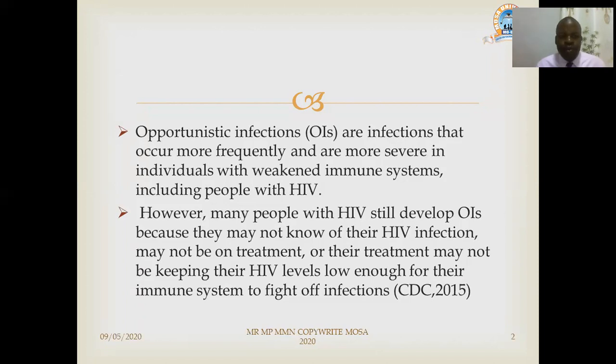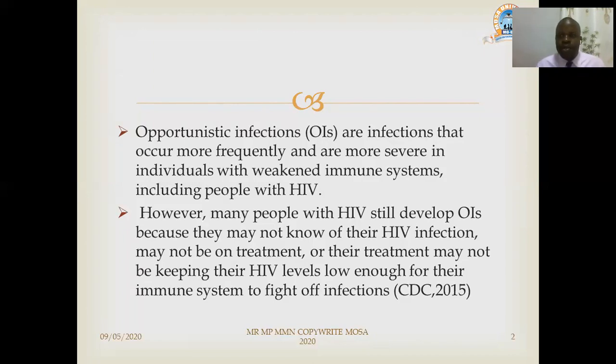However, many people with HIV still develop opportunistic infections because they may not know of their HIV infections, may not be on treatment, or their treatment may not be keeping their HIV levels low enough for their immune system to fight off infections.